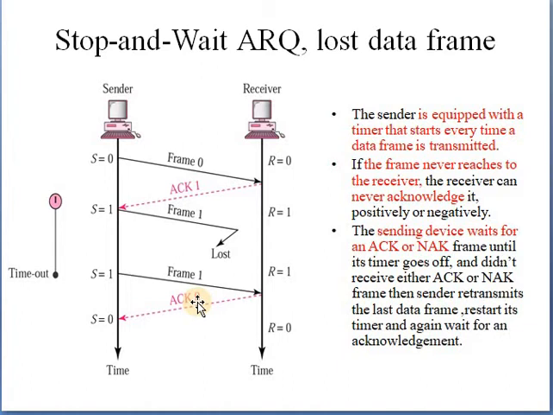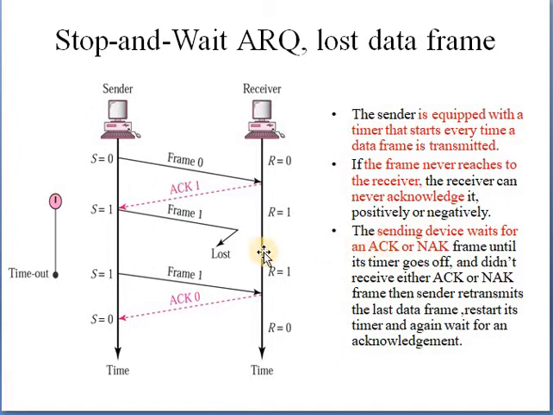Damaged data frame, in this technique the sender sends the data, the receiver also receives that data, but there is an error in the frame, so it requests the sender to retransmit the data. But in lost data frame, the sender sends the data and suppose the data is lost. At that time, the receiver can never acknowledge it positively or negatively.